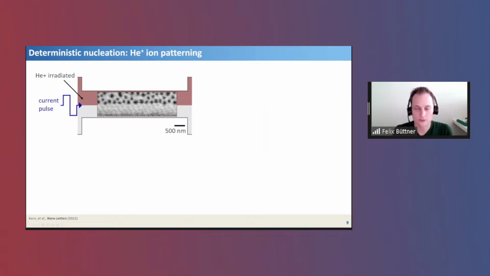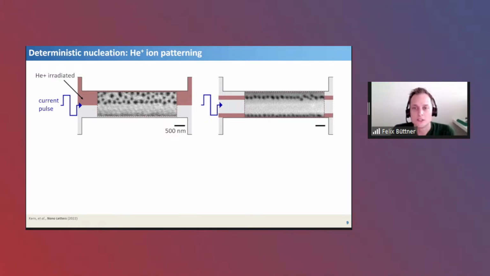This is the way that I also explained before for the spin orbital nucleation of skyrmions, where in the area where you reduce the anisotropy, you get skyrmion nucleation. You can also do that in line shapes. You can have a line of lower anisotropy, irradiated by helium ions.